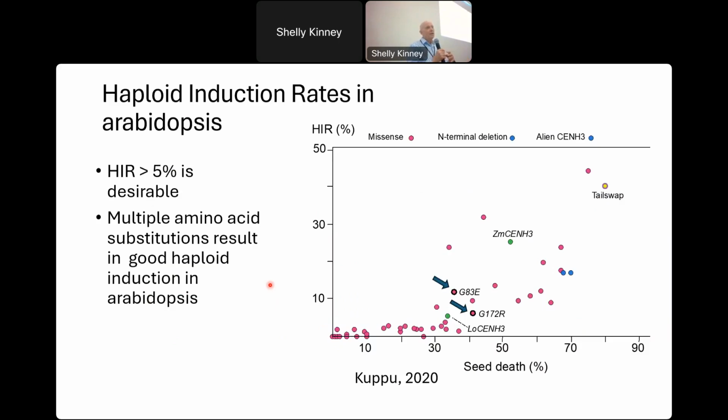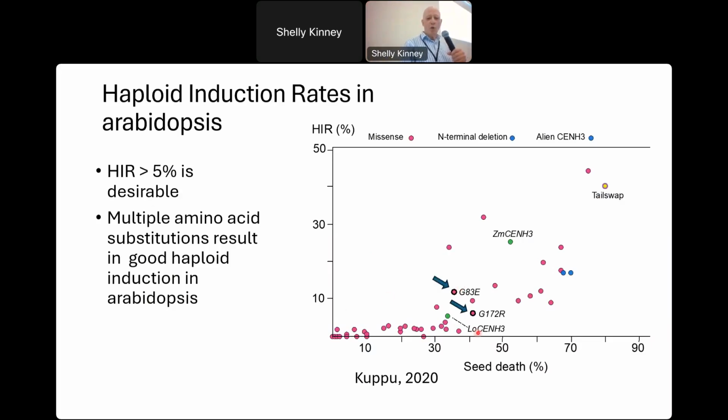And so we said, let's make a haploid inducer in this crop. There were several reasons why we were interested. But one reason was that we had a rich set of mutants that were generated by tilling. This is before even the time of CRISPR. And so we knew from the laboratory of Van Britt and Sundaram Kuppu that there were a bunch of mutations that would make a haploid inducer.